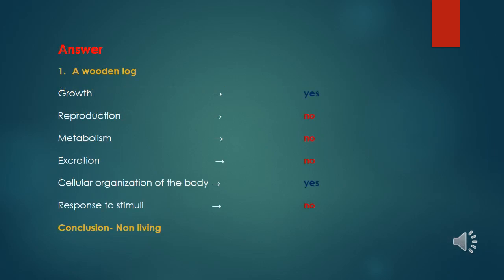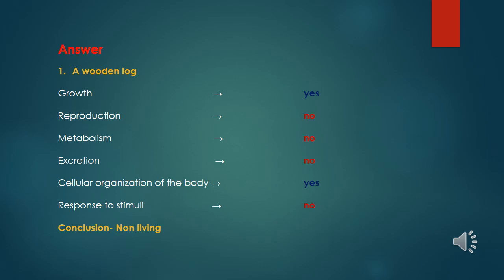Now let's solve for a wooden log. Let's see if a wooden log is living or non-living. A wooden log comes from a plant after it has been cut from it. It shows no reproduction, no metabolism, no excretion, no response to stimuli, no movement or locomotion.